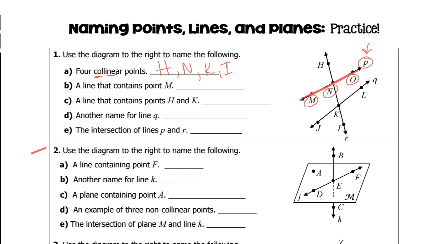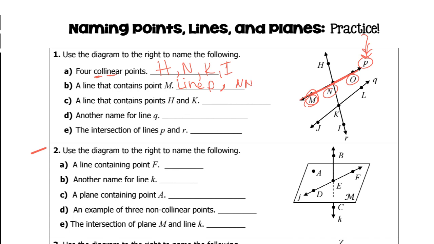All right, now it's asking for a line that contains point M. So here is point M. Now, remember, we just talked about the line. It's called line P, right? But remember, there was also another way to name the line. All you need is 2 points. So you could have called the line, and you don't have to do this unless you want to, but you only have to choose one way. There are multiple ways you can do this.